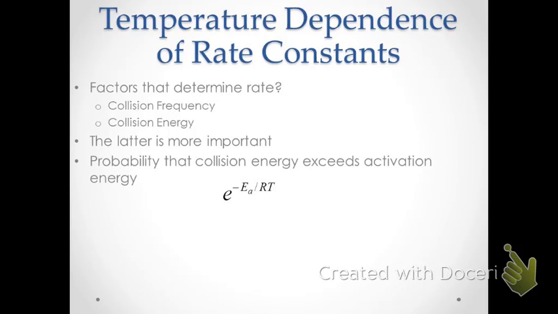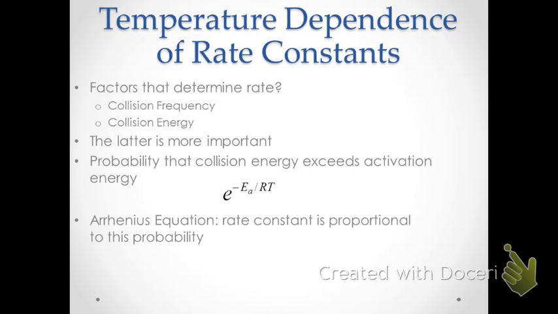And the probability that a collision will exceed this activation energy is given by this simple exponential expression, where E sub A in this expression is indeed the activation energy. T, of course, would be the temperature in kelvins. Then if we put this in an equation, which is called the Arrhenius equation, we find that the rate constant is proportional to this probability.